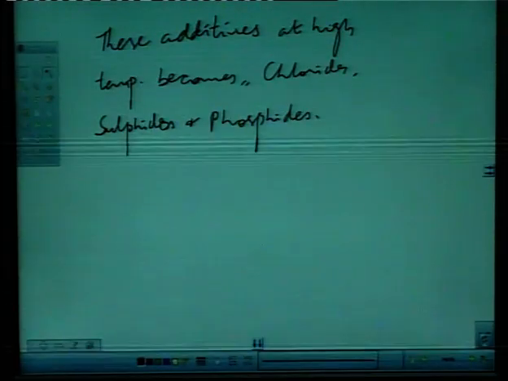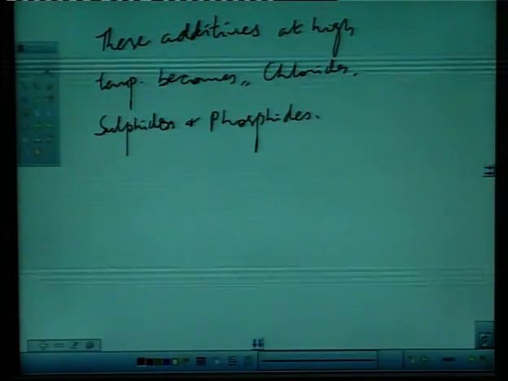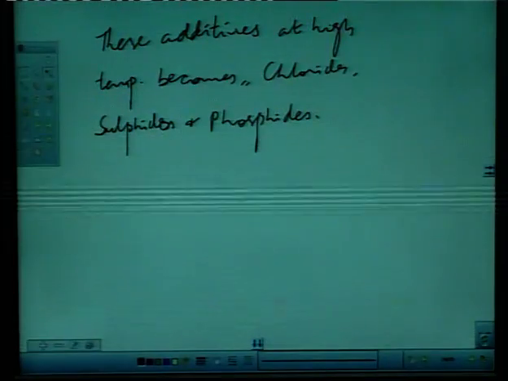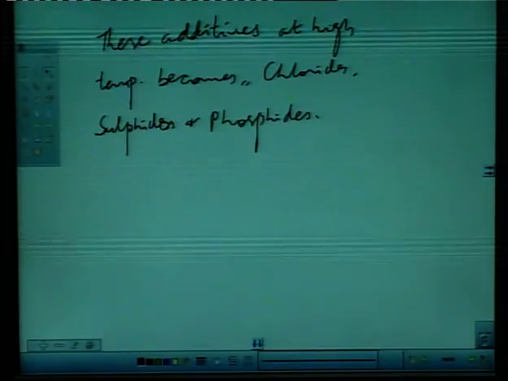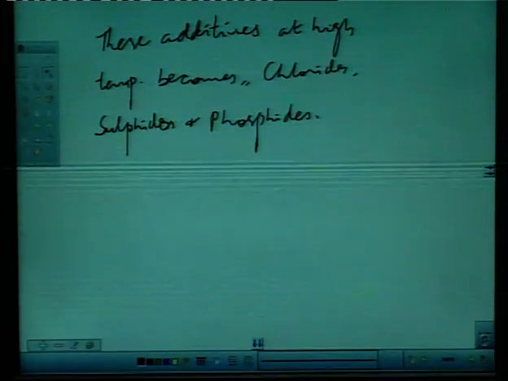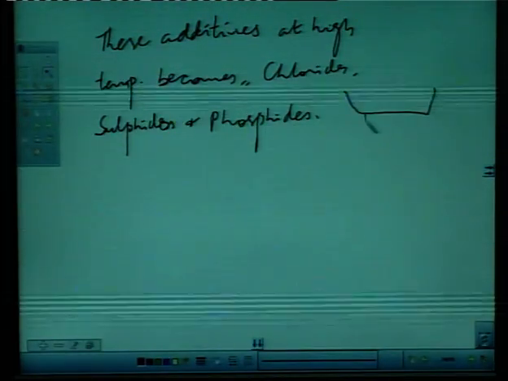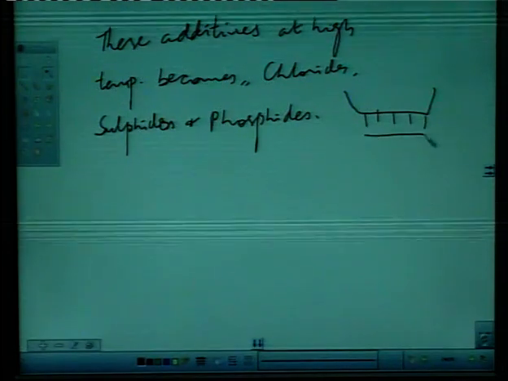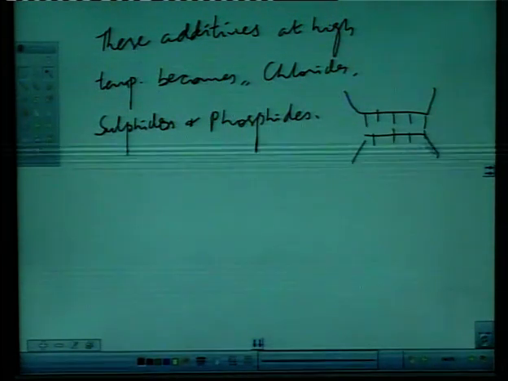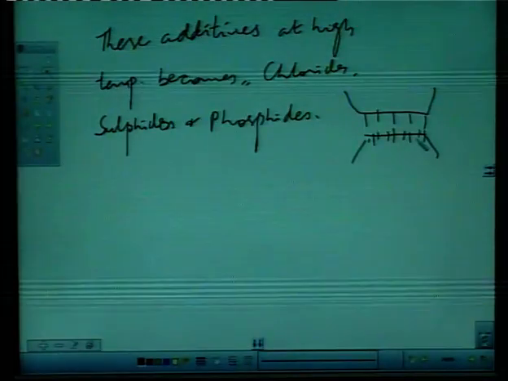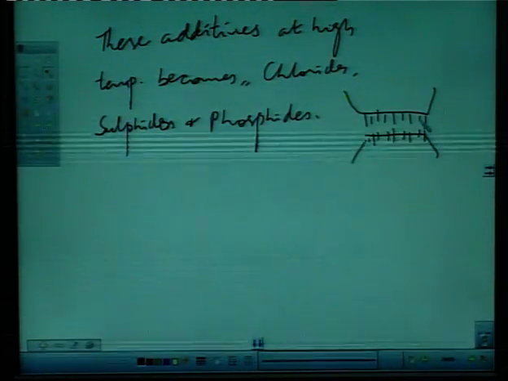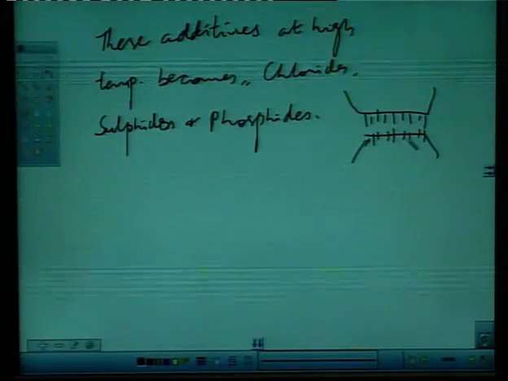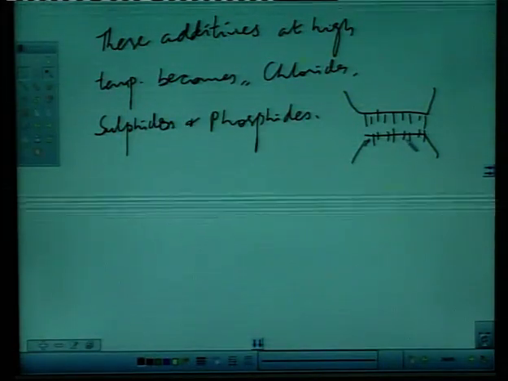So at high temperature the chlorine becomes chlorides, sulfur becomes sulfides and phosphorus becomes phosphides, and they stick to the metal surfaces and make the lubricant stick to the surfaces. So that's all.